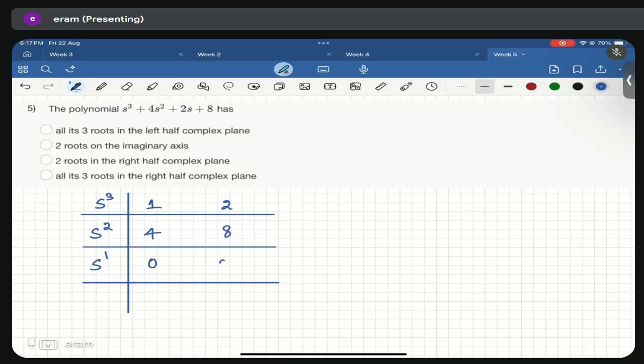So if I encounter a 0, how can I proceed further? Because I cannot write it as 0, in that case it will be of the form 0 by 0 or something by 0. Now how to proceed?